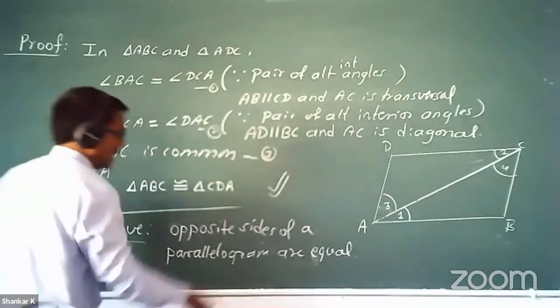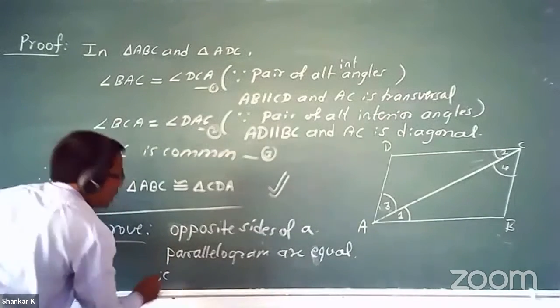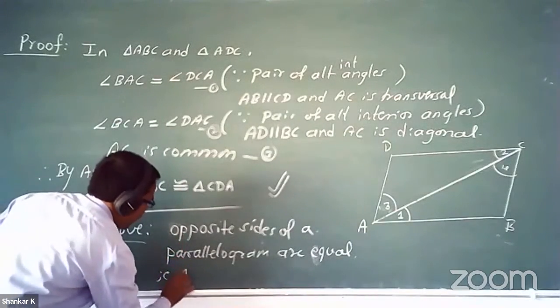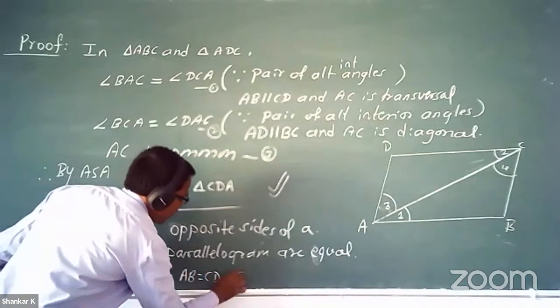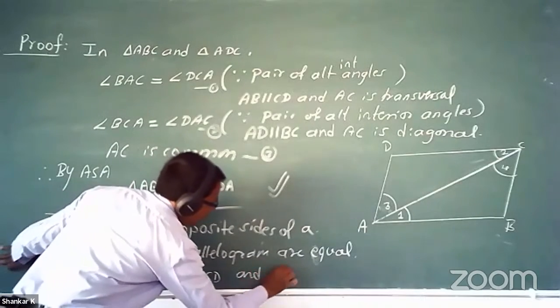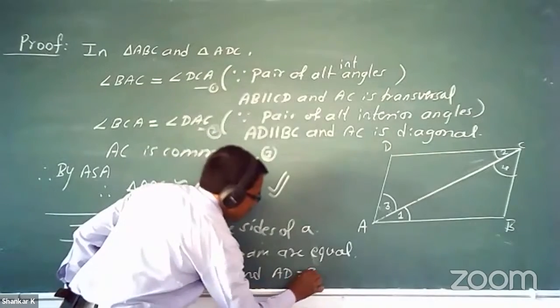In this diagram, we have to prove AB equal to CD and AD equal to BC. This much we should prove.